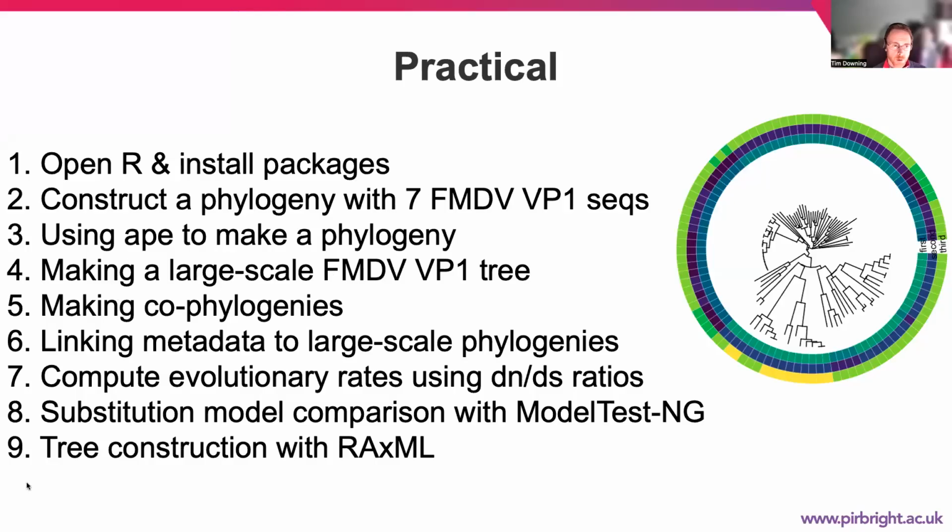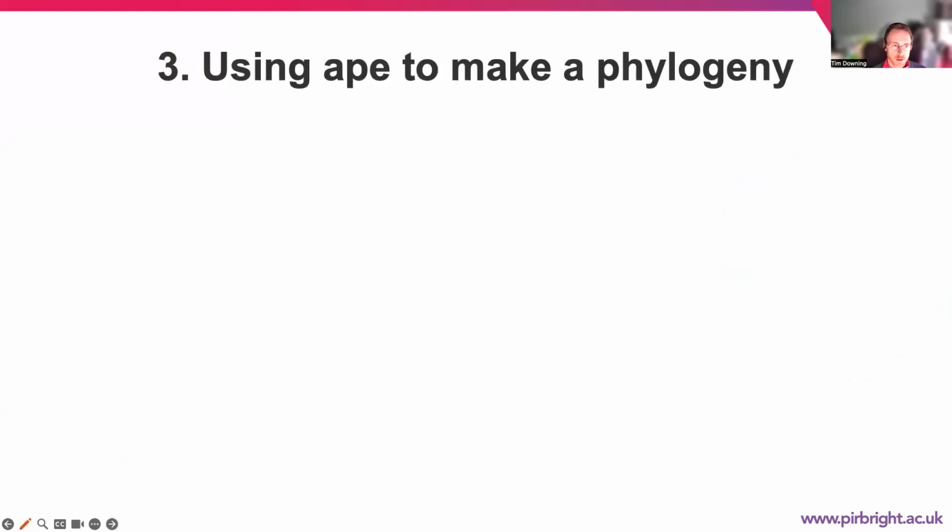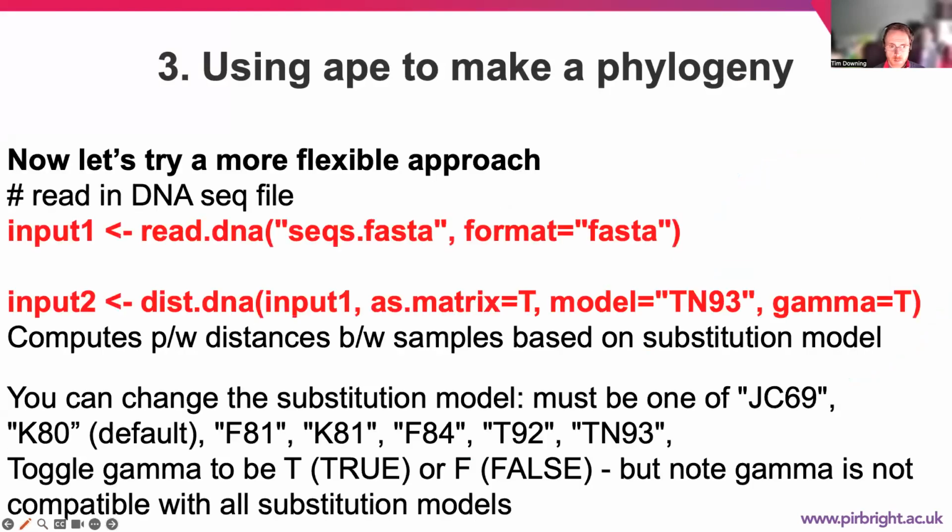So at this point here, we're using ape to make a phylogeny. What we're going to do is a more flexible approach. We're going to input our sequence.fasta, and we're going to read that as a DNA file like before. We're going to input that as a matrix using a different substitution model. So now we're going to model using a character-based model the sequences, using the TN93 model.